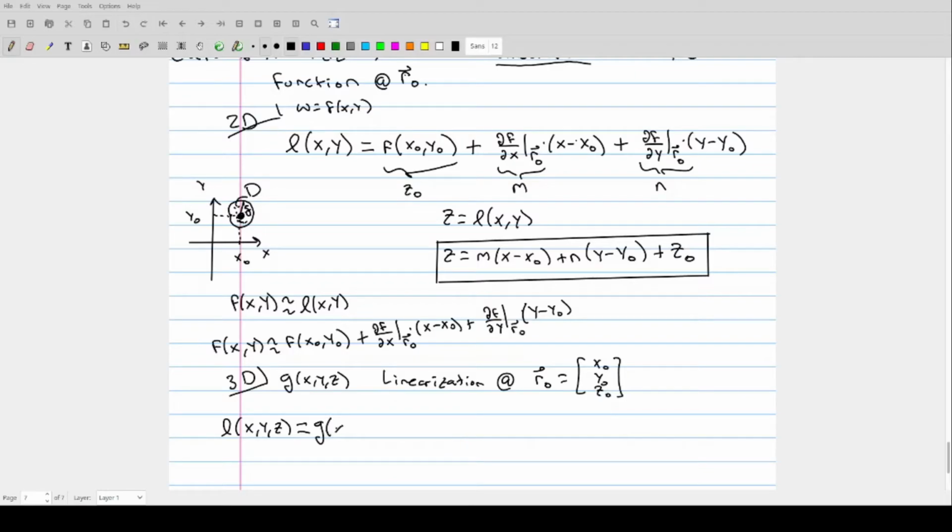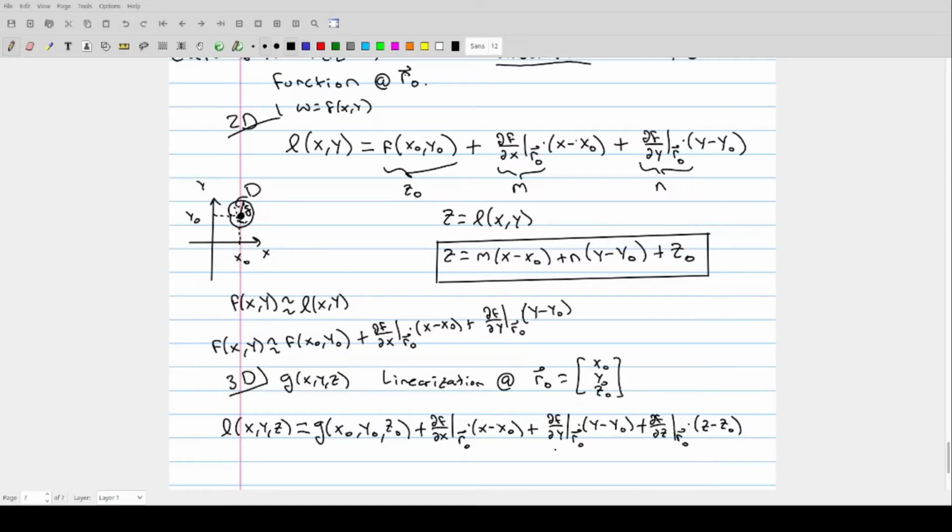It's the value of the function at x naught, y naught, z naught plus df dx at this point r naught times x minus x naught plus df dy at the point r naught times y minus y naught plus df dz at the point r naught times z minus z naught.